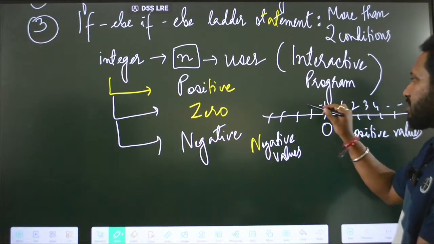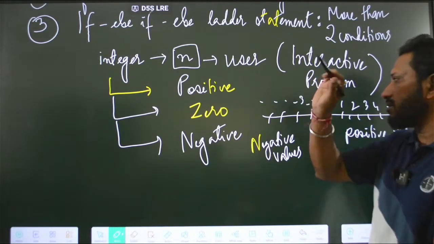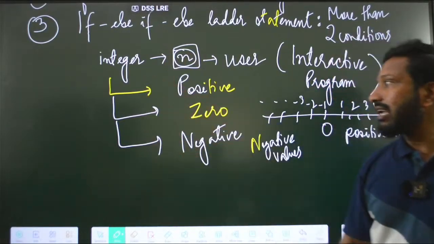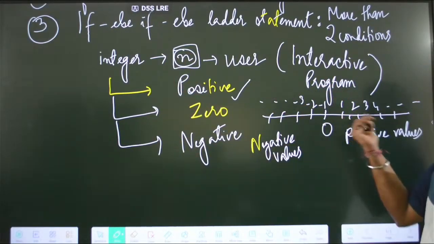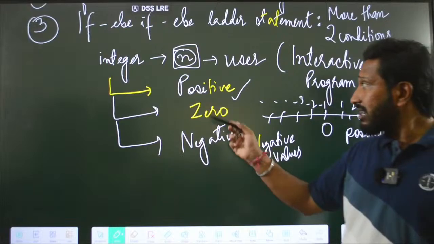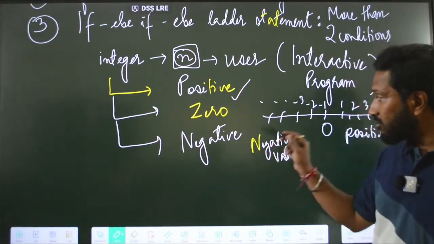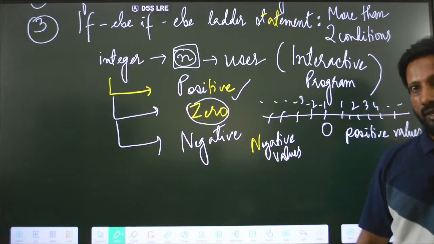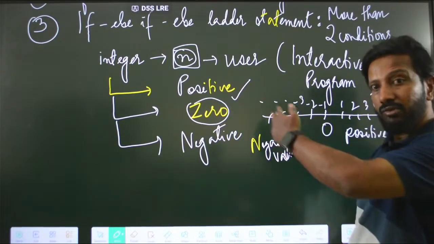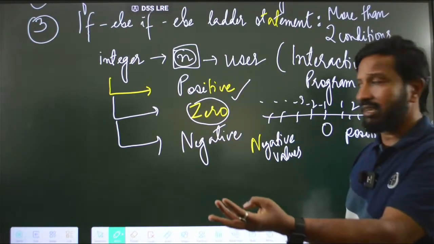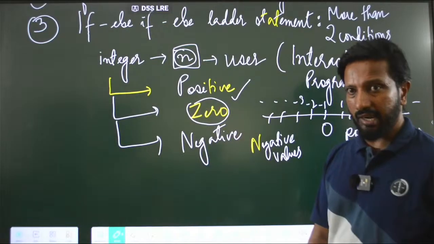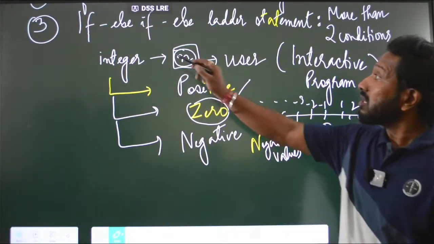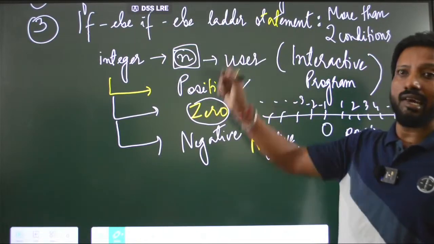Here it will be minus 1, minus 2, minus 3 and so on. So a number given n, an integer, can be either positive, which is on the right hand side of the 0, or negative, which is on the left hand side of the 0, or it can be 0, correct? So here there are more than two conditions: either it can be positive, negative, or 0. For this kind of case we can use an if else ladder statement.